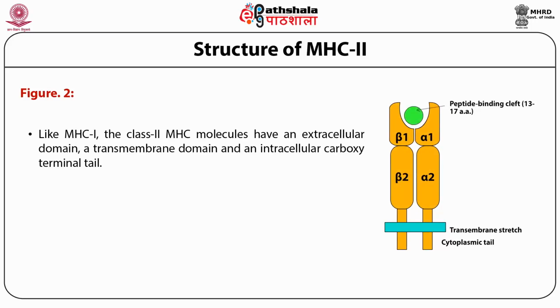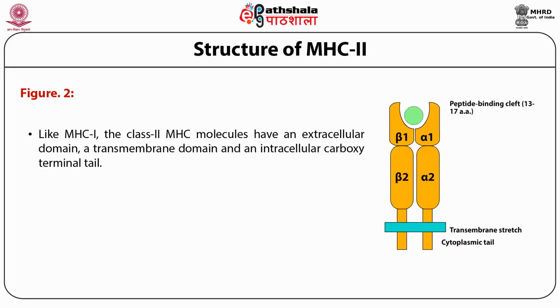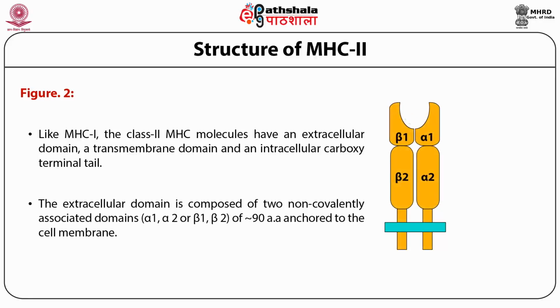Like MHC-I, the class II MHC molecules have an extracellular domain, a transmembrane domain and an intracellular carboxy-terminal tail. The extracellular domain is composed of 2 non-covalently associated domains, alpha 1, alpha 2 or beta 1 and beta 2, of about 90 amino acids which are anchored to the cell membrane.